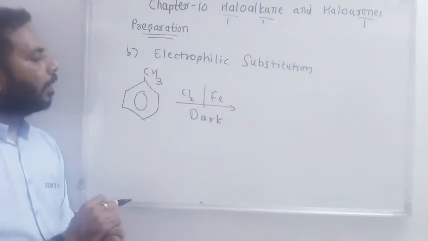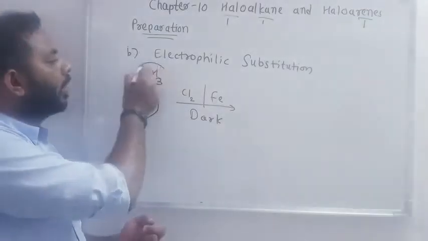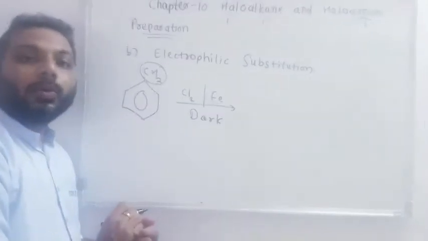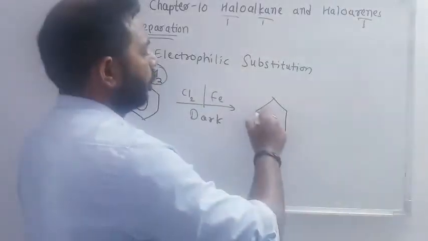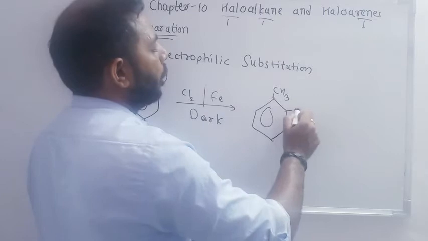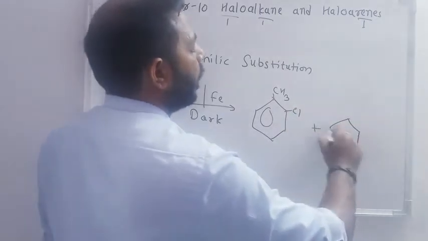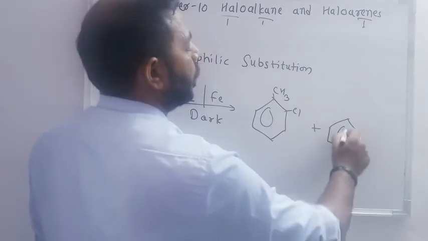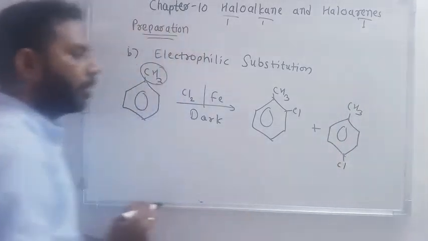Now, toluene reacts with chlorine in presence of Fe in dark, and we know that the methyl group is an ortho-para directing group. So we'll get two products. One is the ortho product, where Cl will be here, and one will be para, so the Cl group will be at the para position.